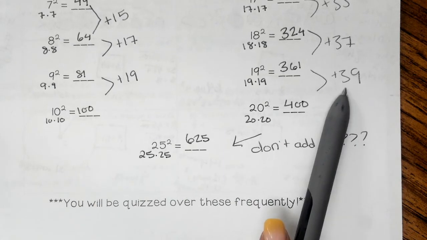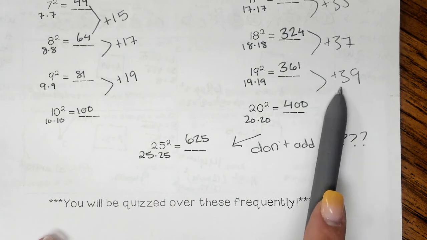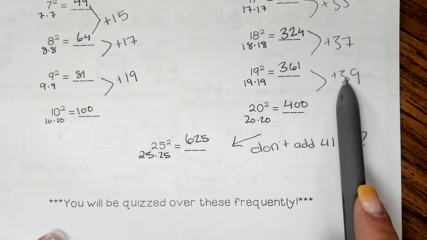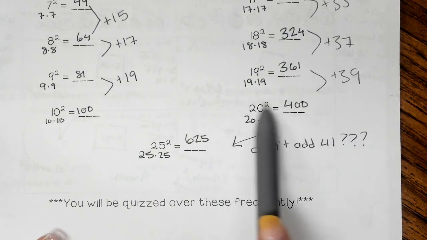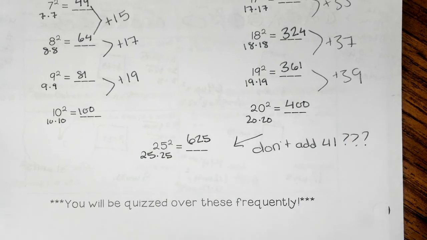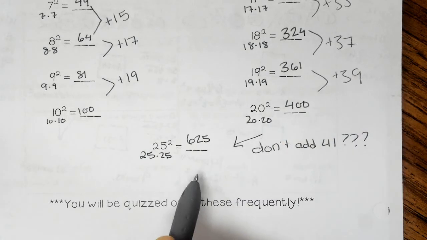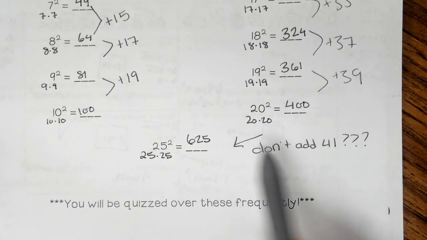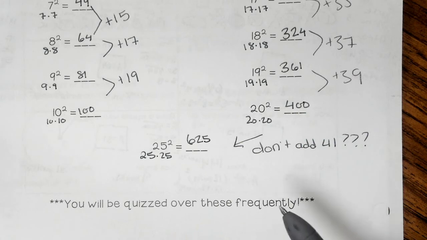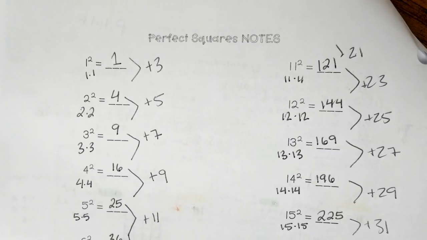So when you're adding, if you choose to use this method, you do need to be careful, because you're going to try to add 41 here to get to here, and that's not going to work. Adding 41 would get you to 21 squared. Adding the next one would be 43, would get you 22 squared, and so on. I just think that that's a neat pattern that you should make note of in your brains.